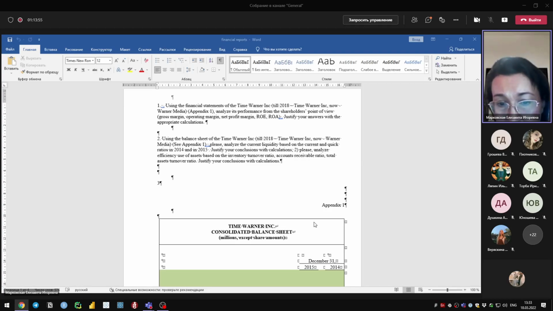Looking at this balance sheet, I'd like to tell you that it's better for you to calculate liquidity ratios now, and you can calculate and compare them without any problem.